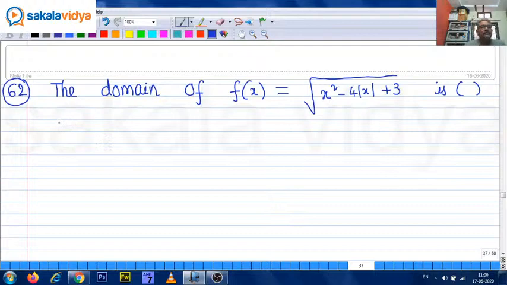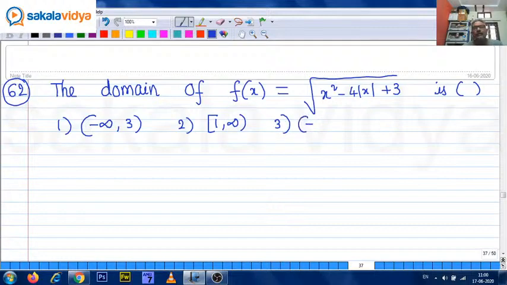First option: minus infinity comma 3. Second: closed 1 to infinity. Third: minus infinity comma minus 3 closed, union closed minus 1 to infinity.